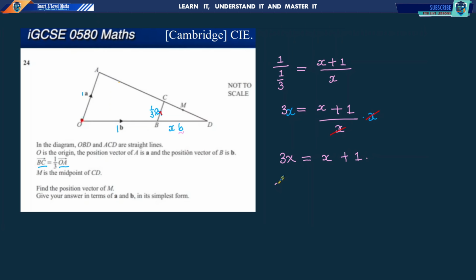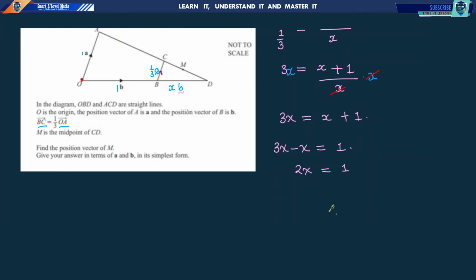Collecting X together, we have 3X minus X equals 1. Subtracting, we have 2X equals 1. To find X, we divide both sides by 2. Our X is 1 over 2. So simply, this vector BD has simplified to a half of vector B.